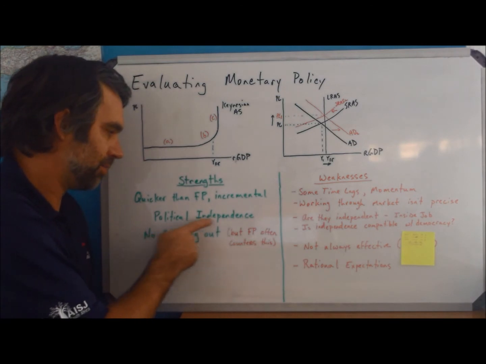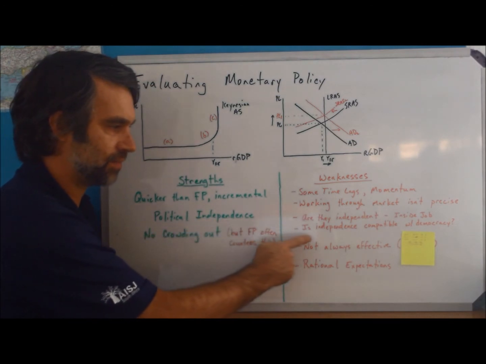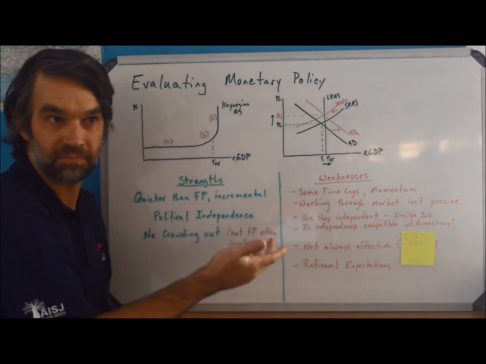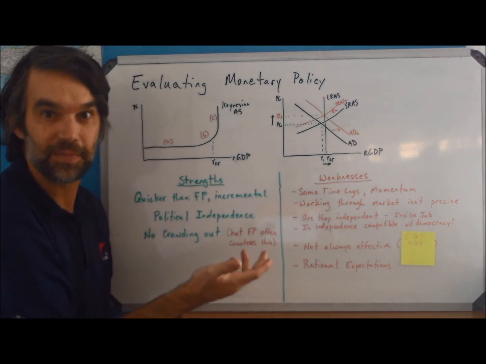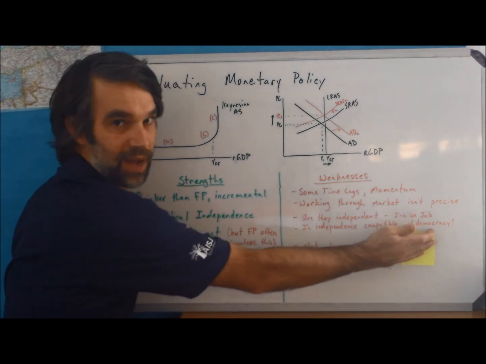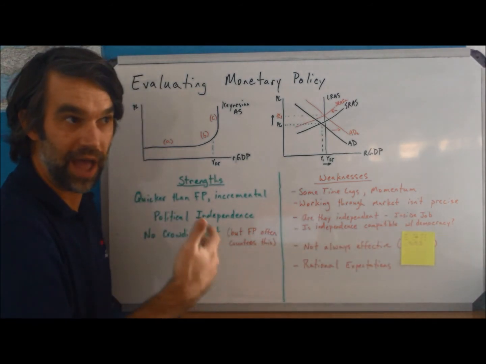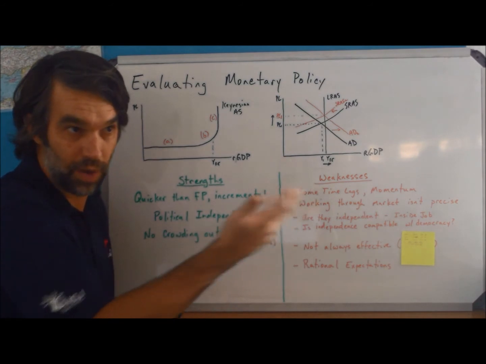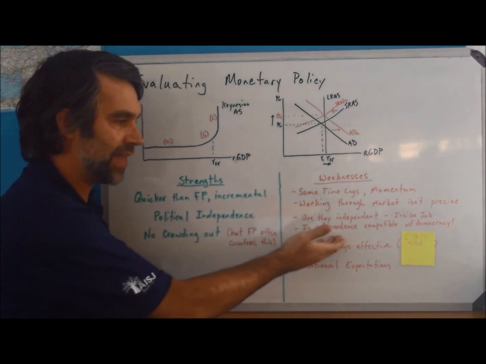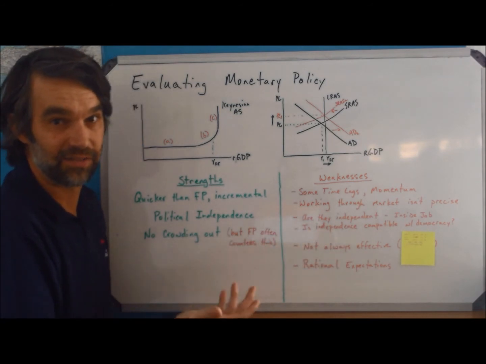Another problem is being independent. Well, is independence actually compatible with democracy? Dictators are very independent. They can do whatever they want to do. So if we value democracy and having somebody representing my interests, what I voted for them to do, well, that independence may actually be a negative thing.